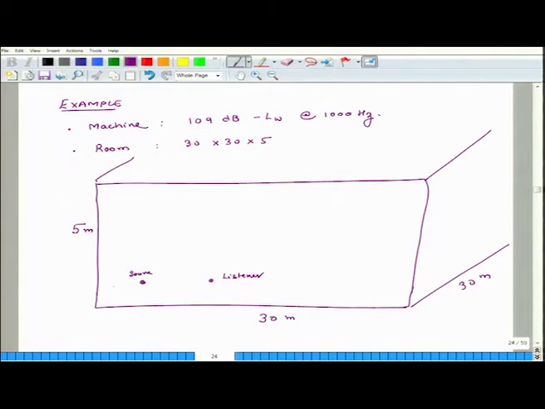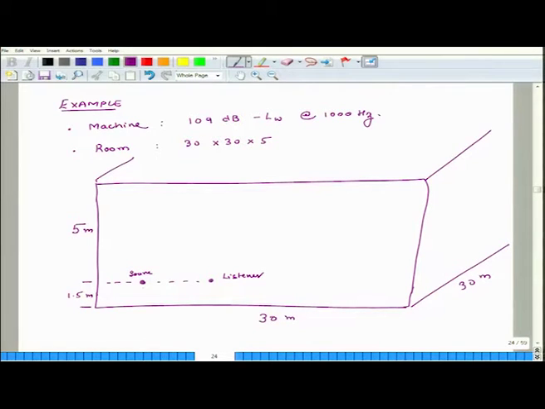Okay. And both of these guys are at a height of 1.5 meters away from the floor. So, the person is standing and maybe he is also sitting on some raised platform. So, his ears are 1.5 meters above the ground. Okay.